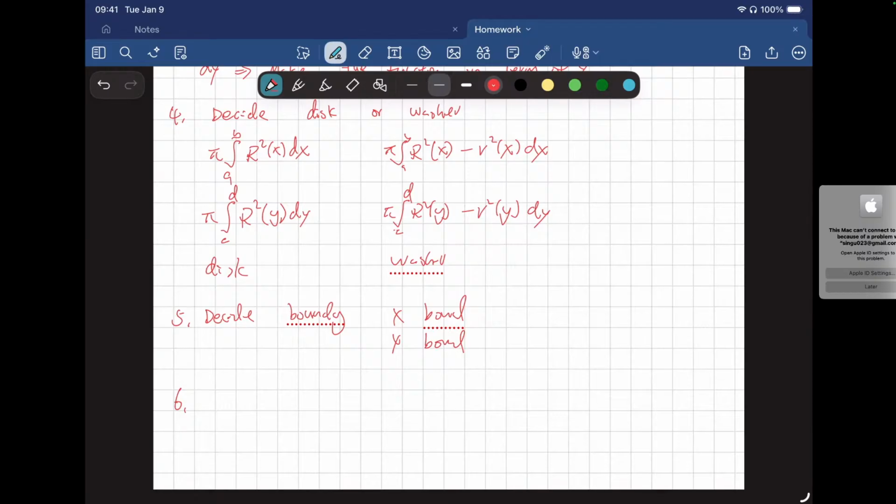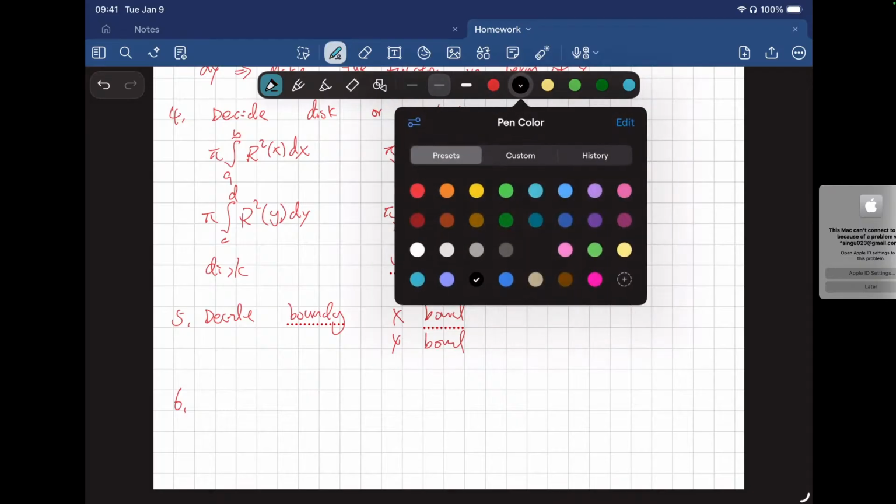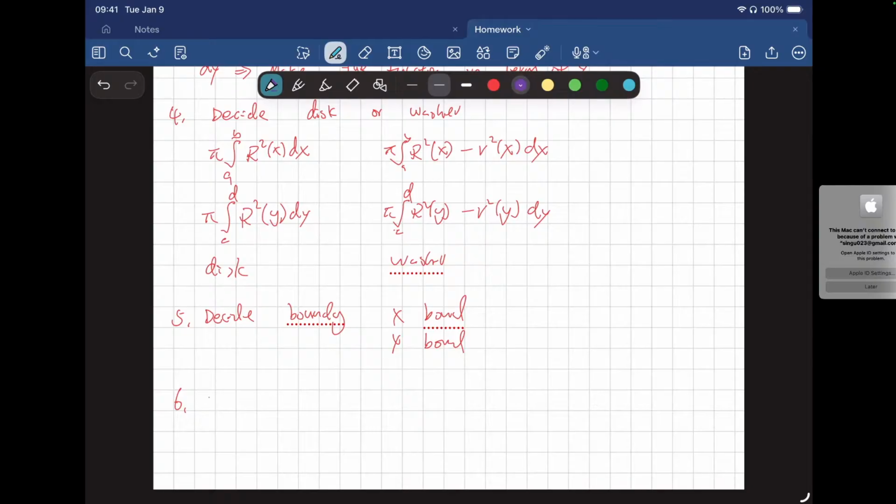The last thing is actually kind of important. I'm going to make a different color here, purple. If I have a function in terms of x, let's say something like y equals x squared, that is equal to the distance from the x-axis to the function.